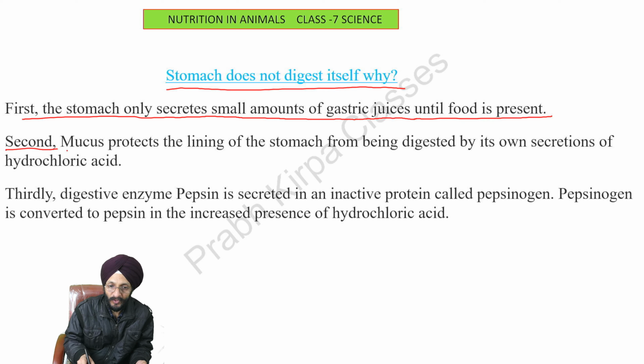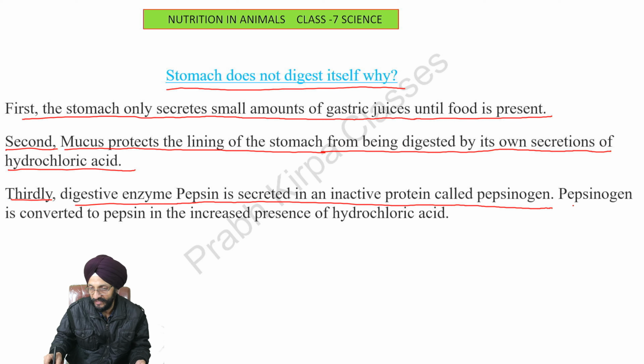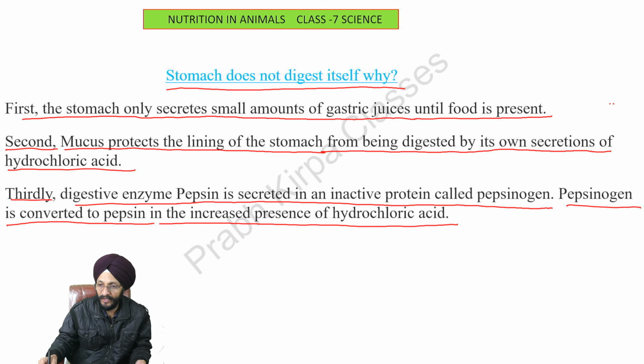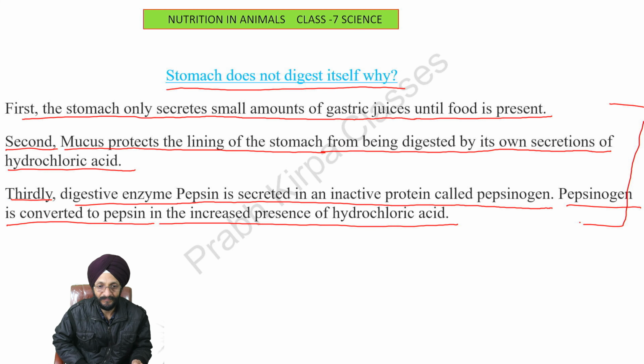Second, mucus protects the lining of the stomach from being digested by its own secretions of hydrochloric acid. Thirdly, digestive enzyme pepsin is secreted in an inactive form called pepsinogen. Pepsinogen is converted into pepsin in the increased presence of hydrochloric acid. On account of these three reasons, the stomach does not get digested itself by the action of hydrochloric acid.